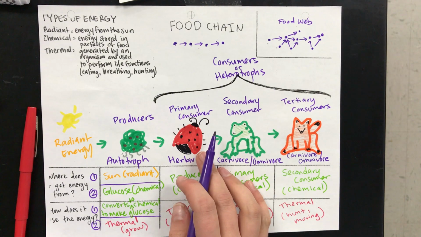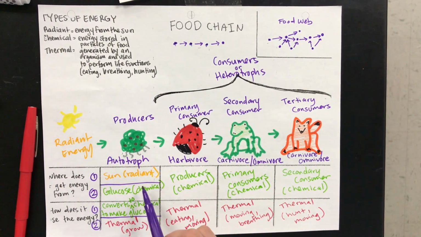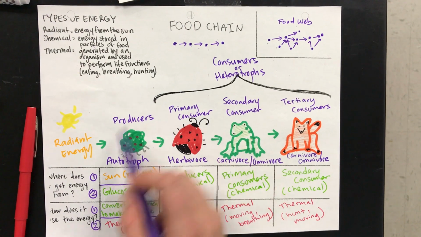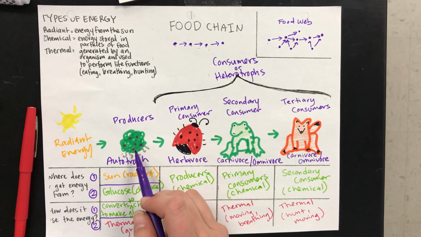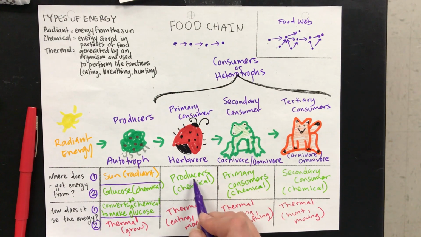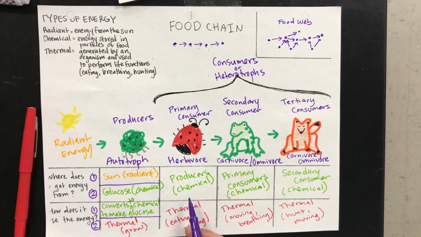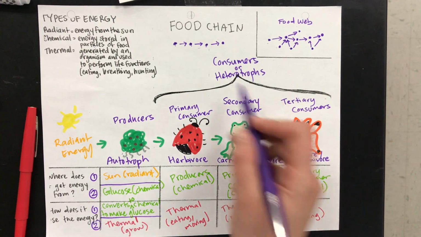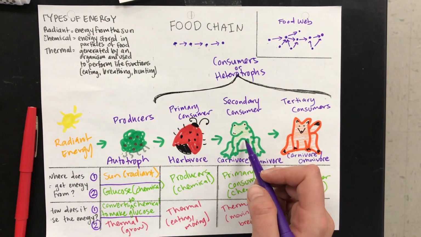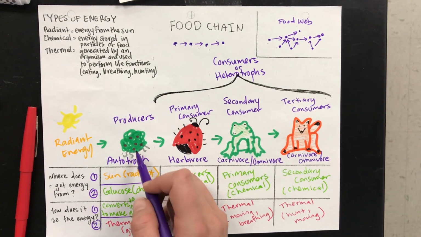These guys cannot go through photosynthesis, therefore they cannot go from radiant to chemical. But what they can do is they can consume the chemical energy from the producer. So these primary consumers are going to get their chemical energy from the producers and convert that to thermal as they're doing life processes. And then our secondary consumers consume primary consumers. And as I said, if it's a food web, maybe these secondary consumers also consume producers.